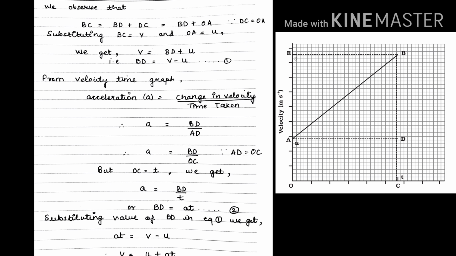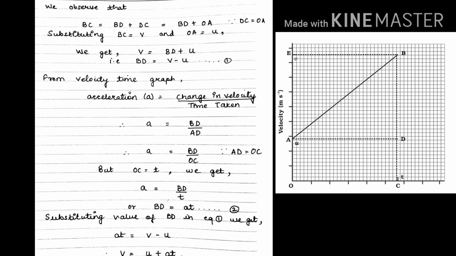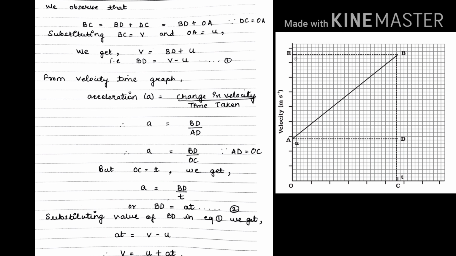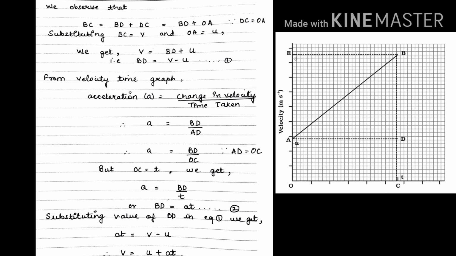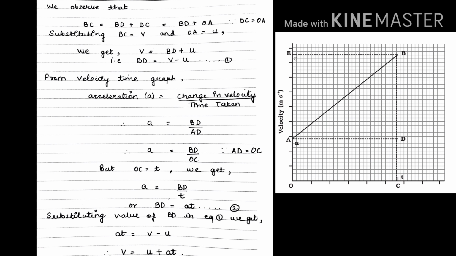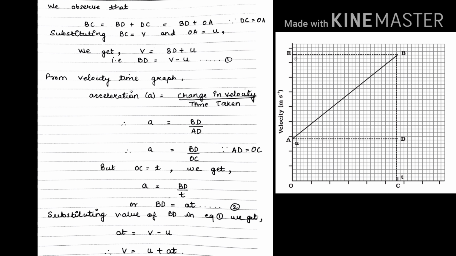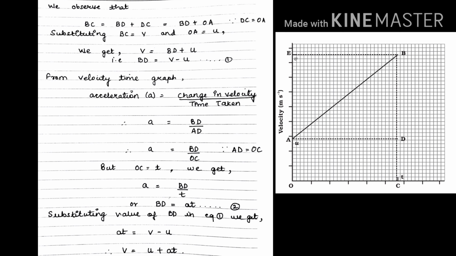Now what we are doing is substituting the value of BD in equation number 1. So what we get? at equals v minus u. Arranging the above equation, we get v equals u plus at, which is nothing but your first kinematical equation.